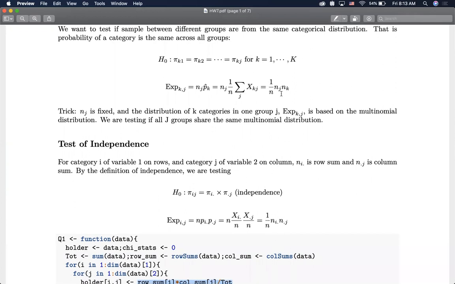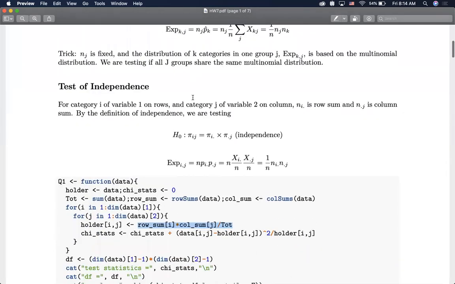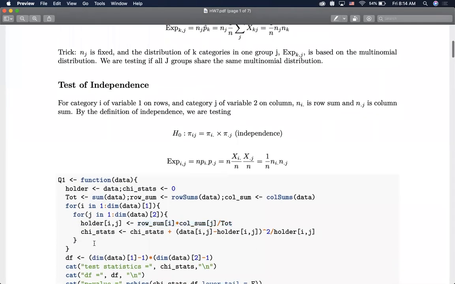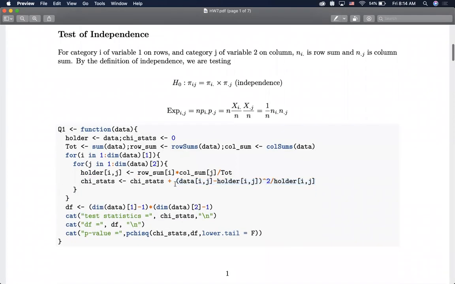Your test statistic will be observed minus expected, squared, over expected, summed across all ij pairs. Your degree of freedom will always be the dimension of one side minus 1, times the dimension of the other side minus 1, and then I put all these numbers here.